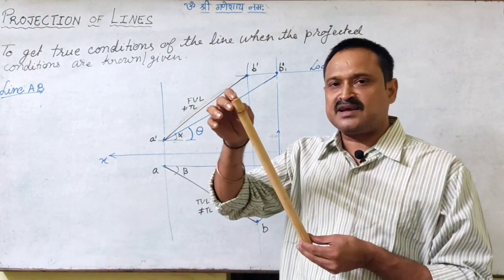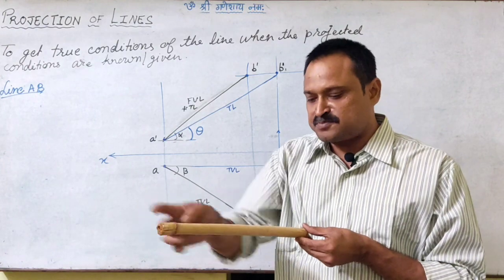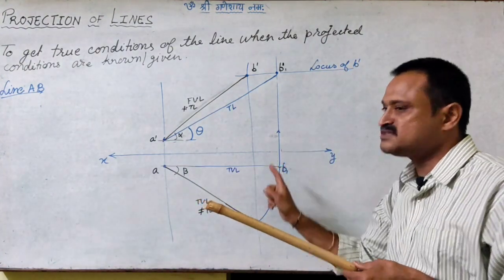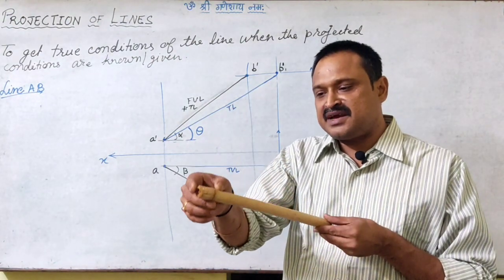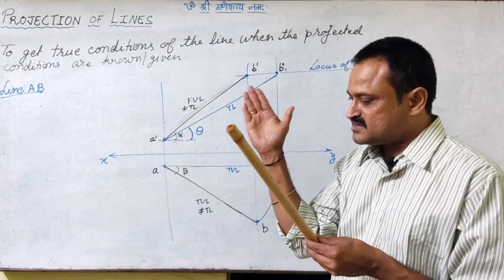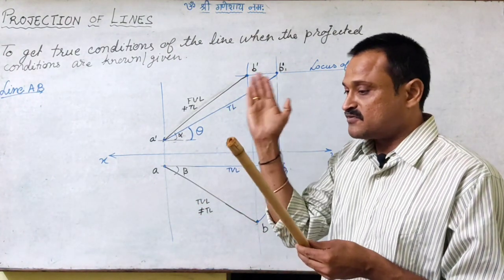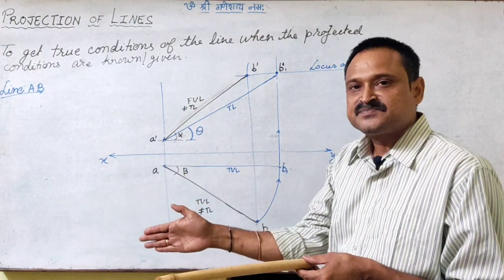Now again we apply the same logic. When I am making it parallel to HP, that means I am making the heights of A dash and B dash the same. So when I rotate this line and make it parallel to HP, obviously its front view length, not the true length, also will get parallel to the XY line, right?